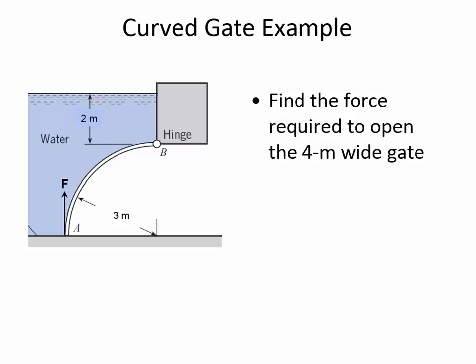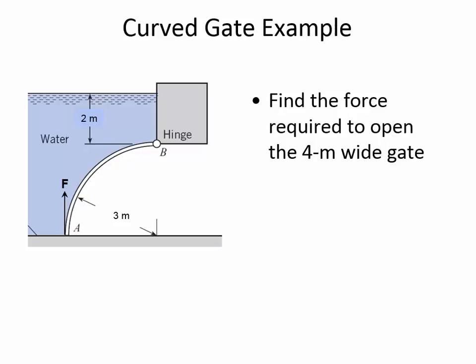Now, what's the basic procedure for these? We find the vertical forces, which is the weight of the water above the gate. And then the horizontal force is the force that's acting on the vertical projection. What is the vertical projection of this curved gate? What are the dimensions of it?